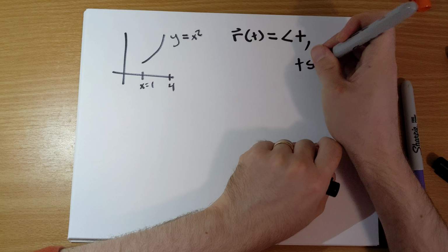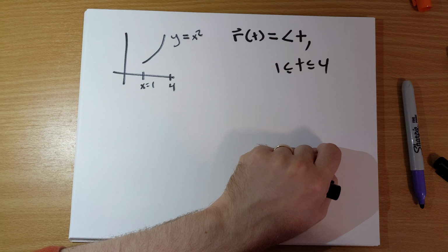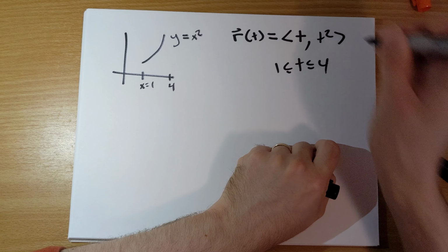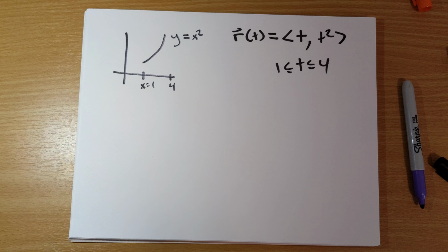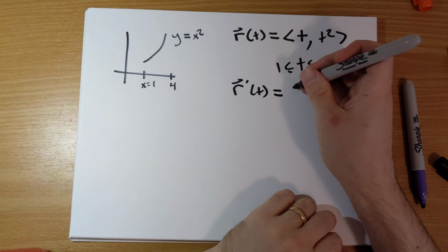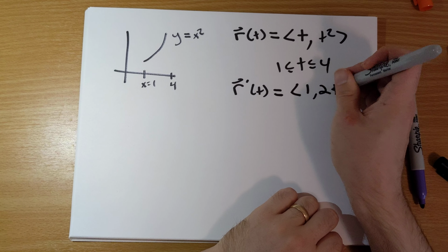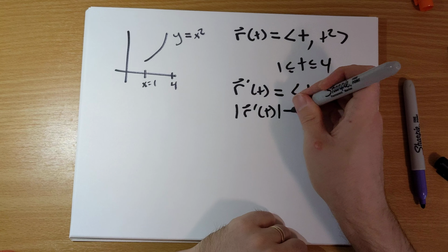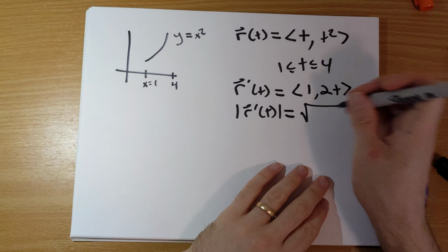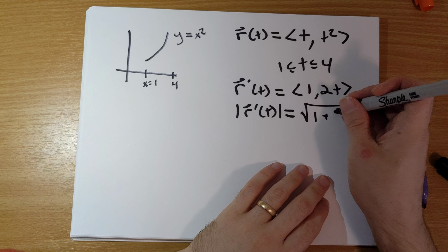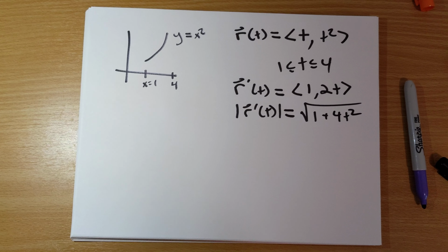And so t will be running from 1 to 4. And if x is replaced with t, y will equal t squared. So here's our parameterization. r prime of t will equal <1, 2t>. And so the magnitude of r prime of t will equal the square root of 1 squared, which is 1, plus (2t) squared, which is 4t squared.